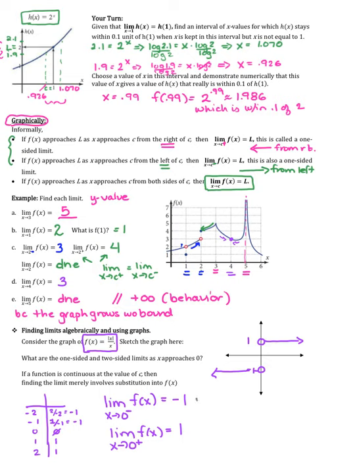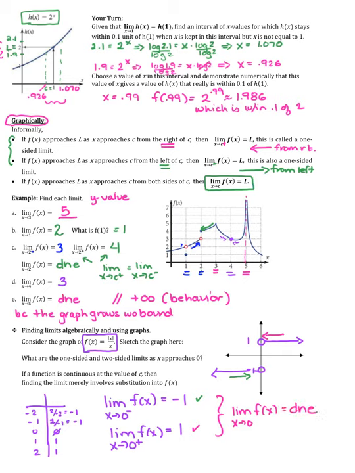For this one, we're looking at it as we're approaching from this side. For this one, we're looking at it as we approach from this side. Together, since they are different numbers, when these do not match up, that means the limit as x approaches 0 does not exist.